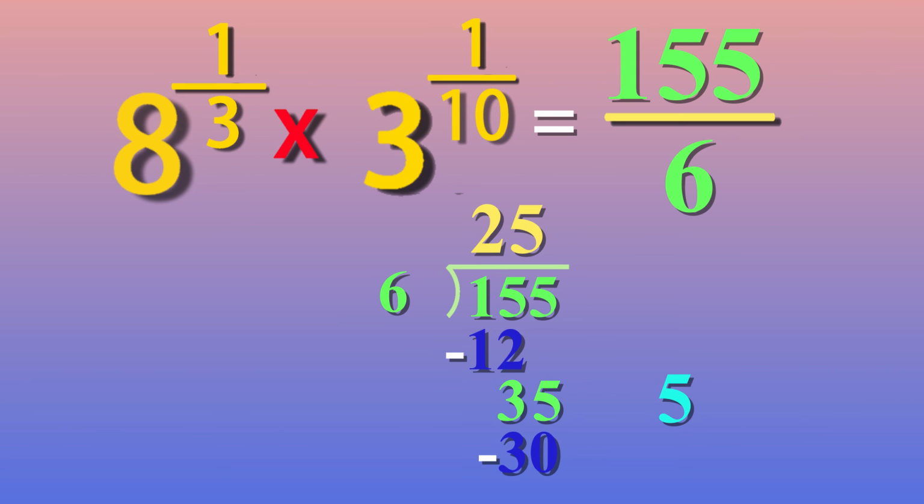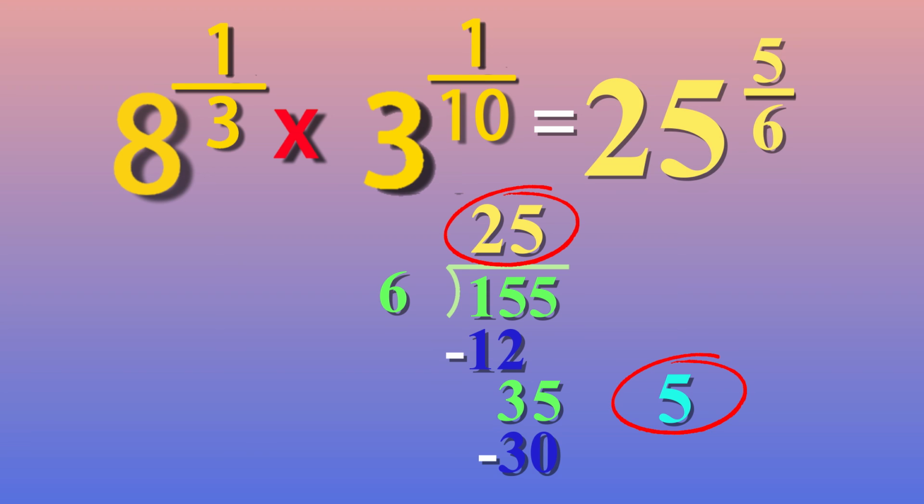So 6 goes in to 155 25 times, as you can see on the top, with a remainder of 5. Therefore, 155 over 6 equals 25 and 5/6. And there's our answer. 8 1/3 times 3 1/10 equals 25 and 5/6.